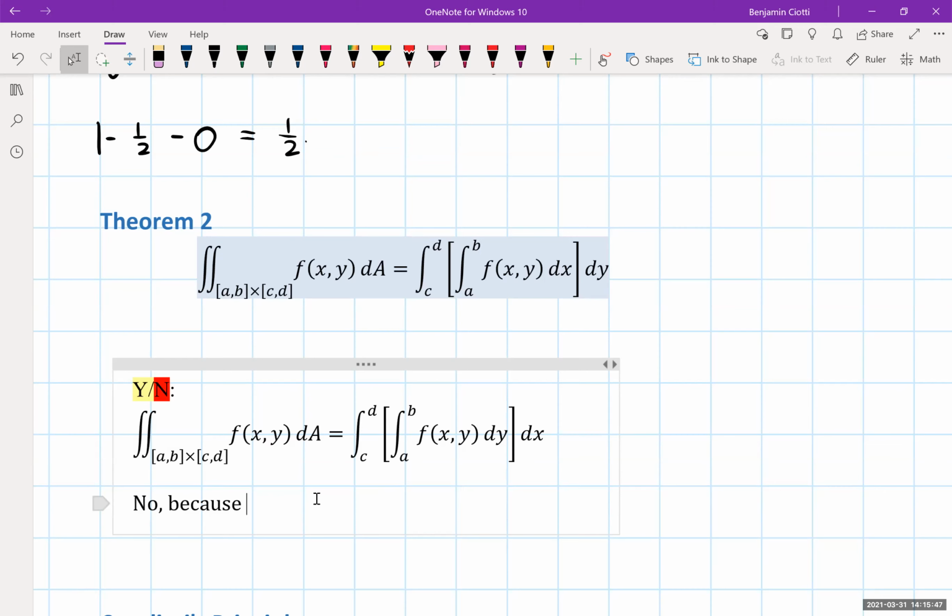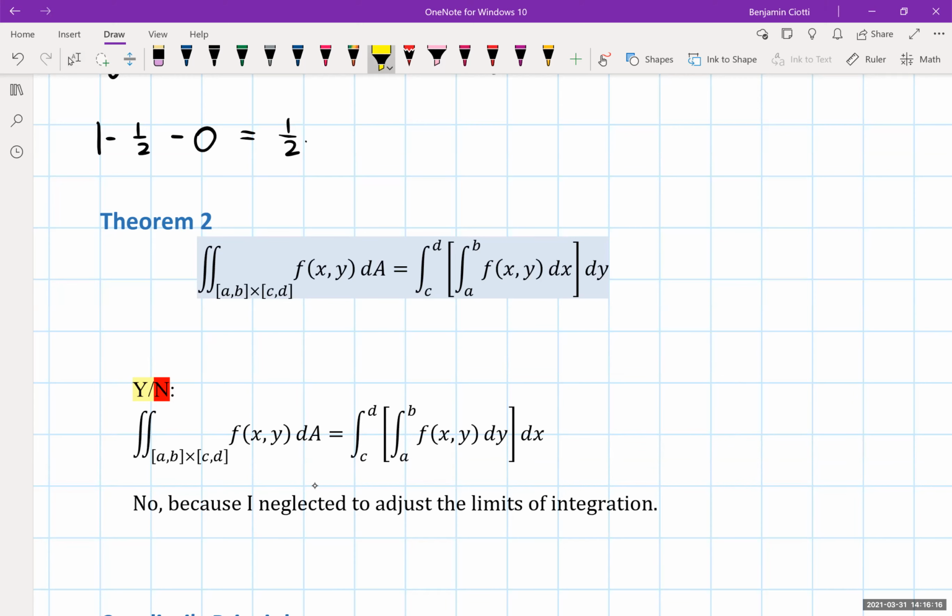You can reverse the order of integration, but if you do, you need to adjust your limits accordingly. So you say no because I neglected to adjust the limits of integration. This is a common mistake, something you'll want to keep an eye out for.